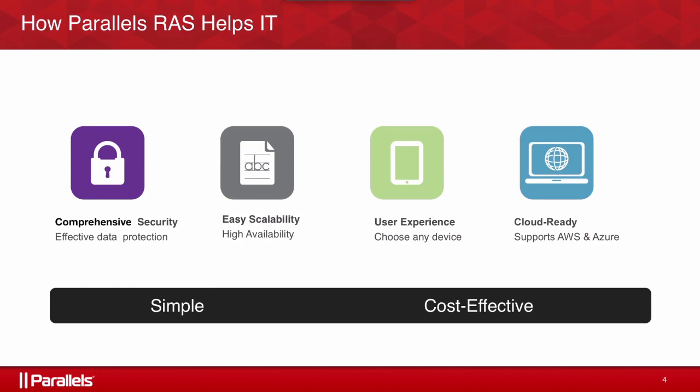So we have made changes to our solution that are focused on comprehensive security and easy scalability. We have made significant changes in the back end and user experience, leveraging our Parallels Access product line in Remote Application Server now.